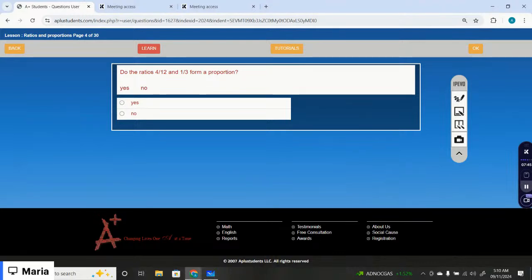Do the fractions 4 by 12 and 1 by 3 form a proportion?